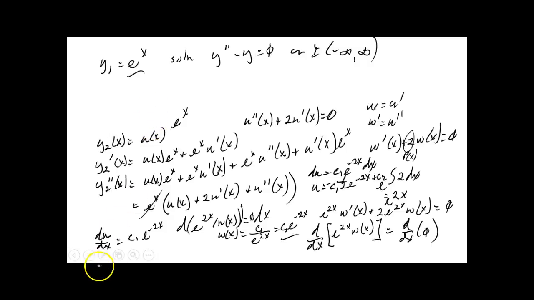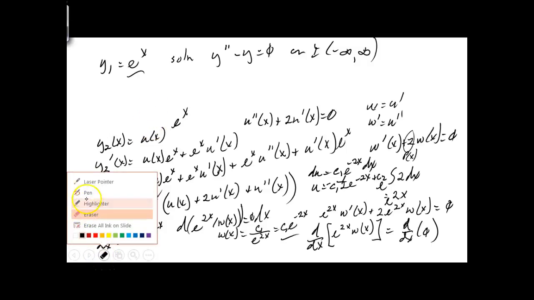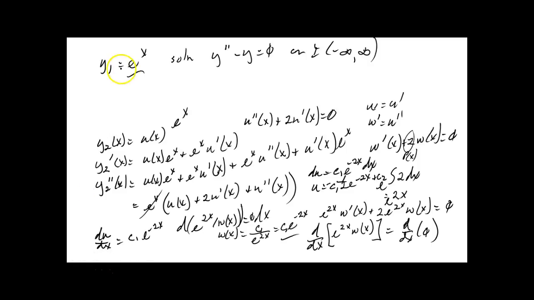I think we're okay now. So, our y1 was e to the x. Our y2 is equal to u, which is this, minus c1 over 2 e to the minus 2x plus c2.